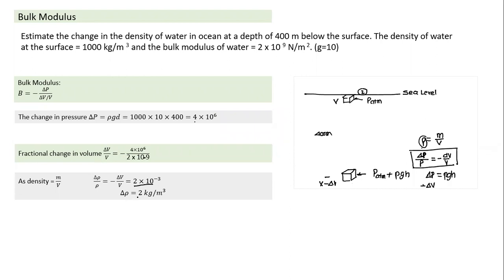So the density increases by 2 kg per meter cube at a depth of 400 meters, from 1000 to 1002. You notice that's what the compressibility is. Even with such a significant change in pressure, the change in density is so small, and that's why we take it as virtually incompressible.